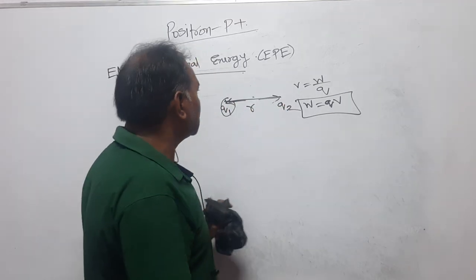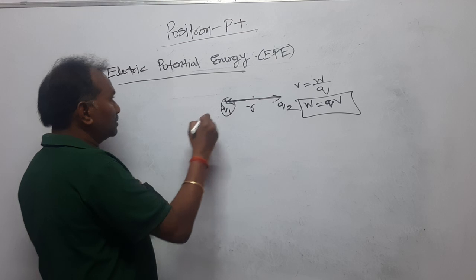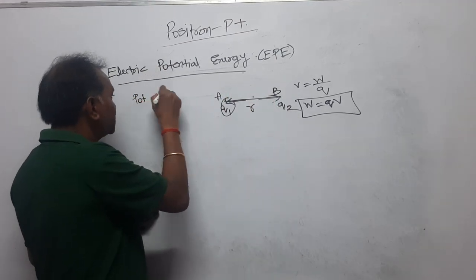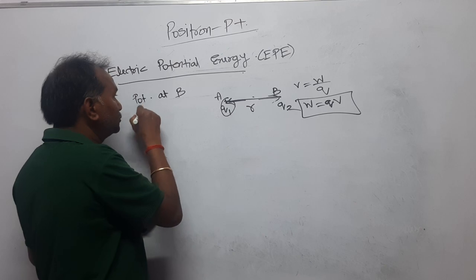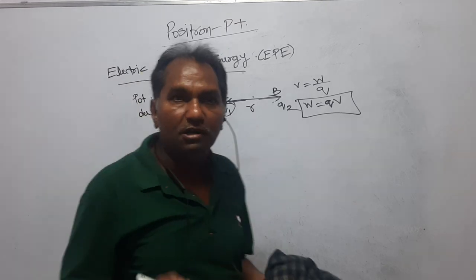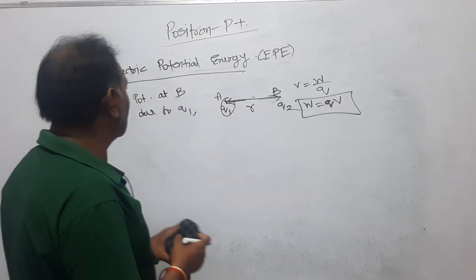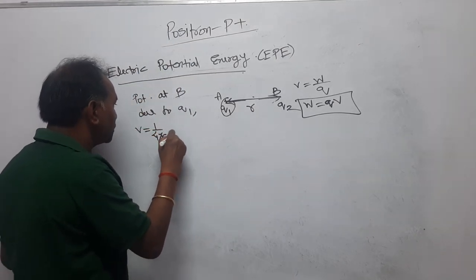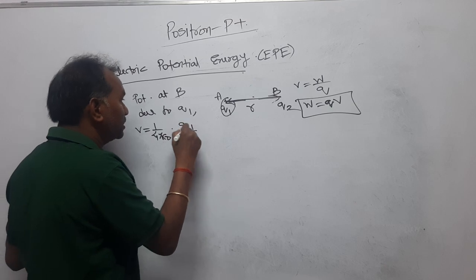So I am doing that. Let the potential at B due to Q1 be, what will be the potential at point B due to Q1? This is going to be V equal to 1 upon 4 pi epsilon naught Q1 upon R.